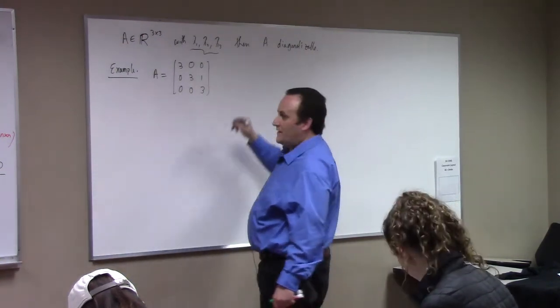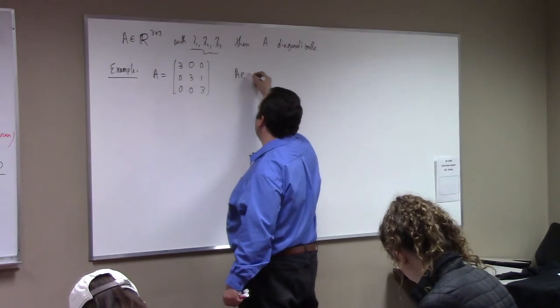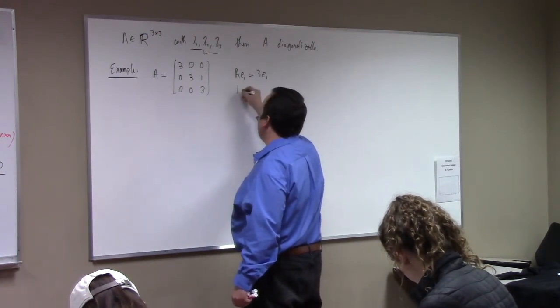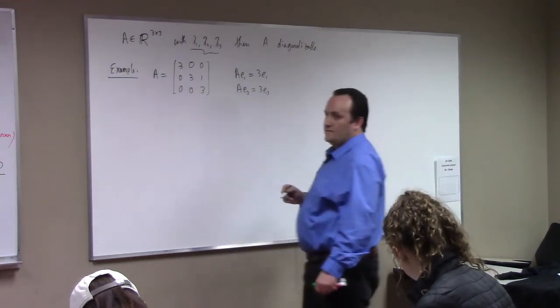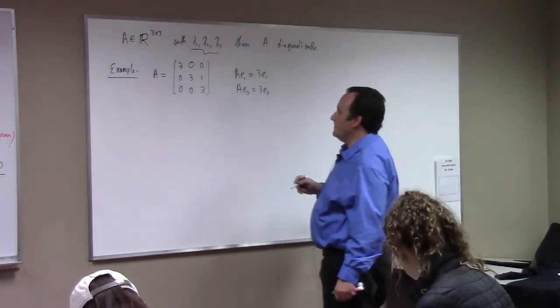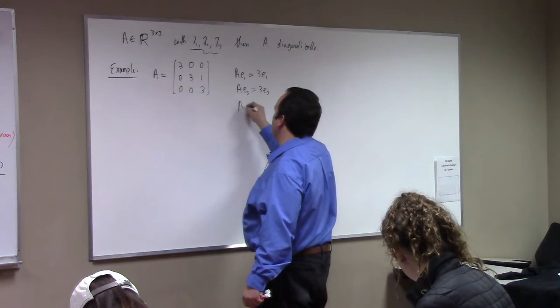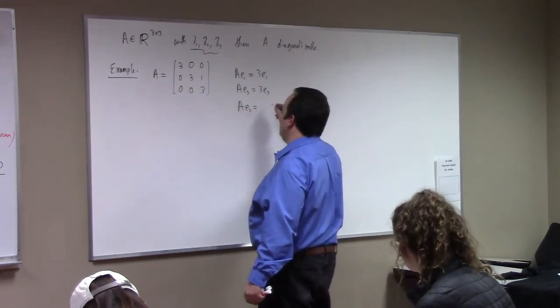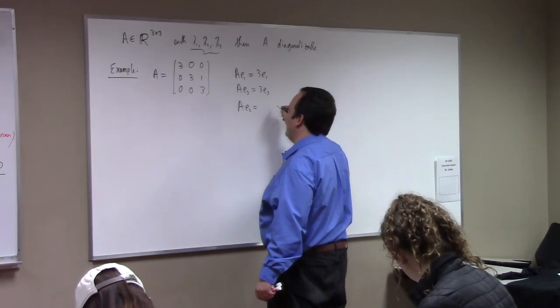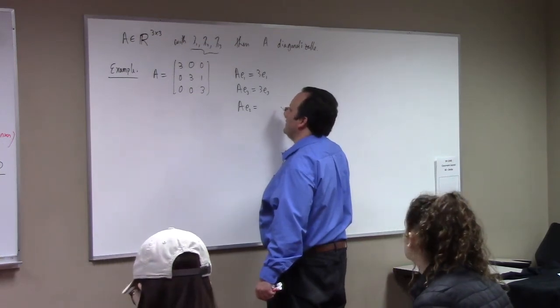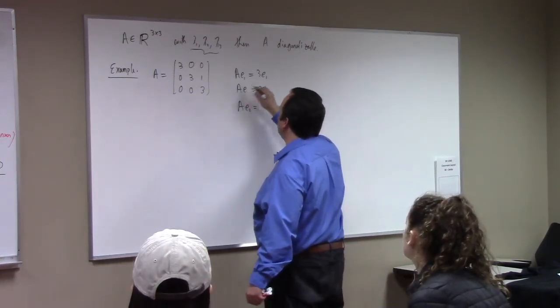you can easily check that A e1 is 3 e1, and you can check that A e3 is 3 e3, right? But if you look at it, A e2 is, what is it? Oh, I'm sorry, I can't do math. I make that 2.